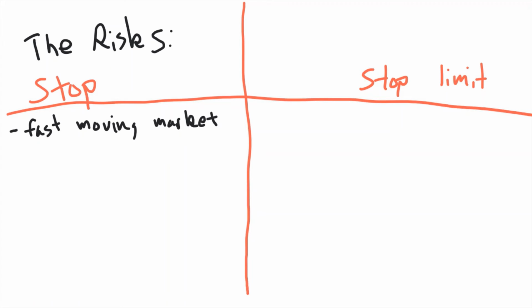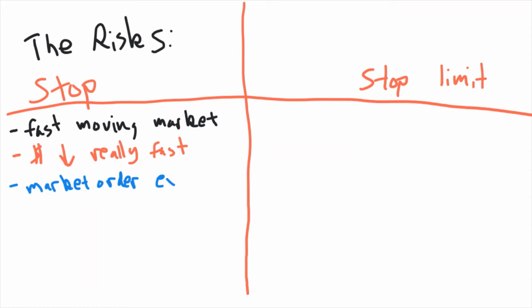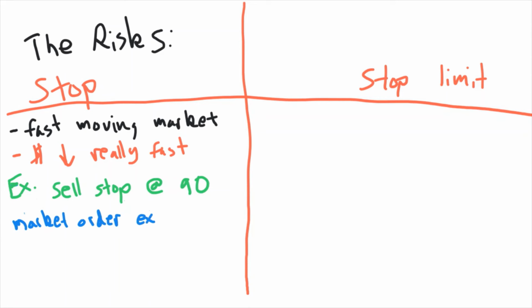In a fast-moving market, and let's say we're selling, for example, let's say the price is moving down really fast. The market order after the stop could execute at a price way less than the stop price. As an example, the sell stop might be at 90, but maybe the market order executes at 70 because the price moved down so rapidly your order didn't execute until 70.